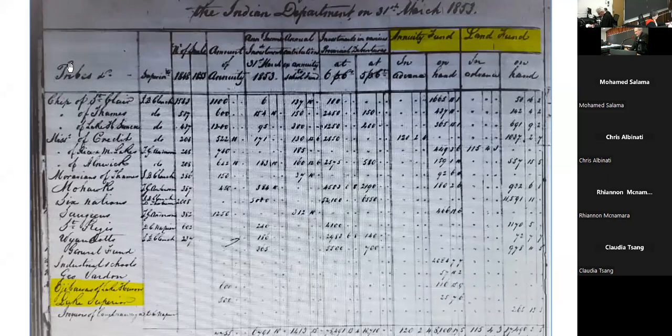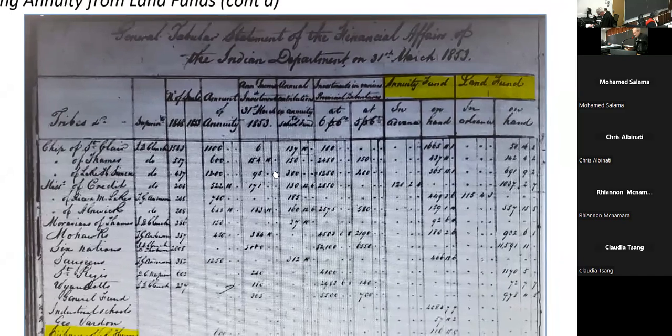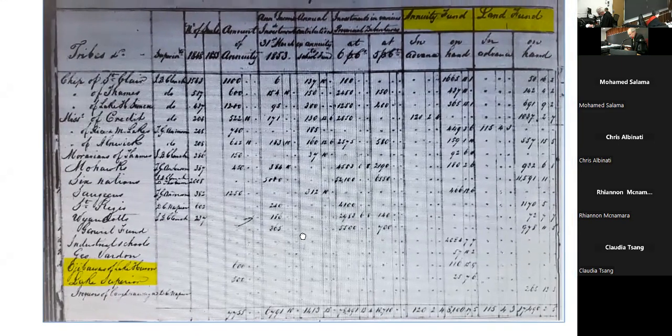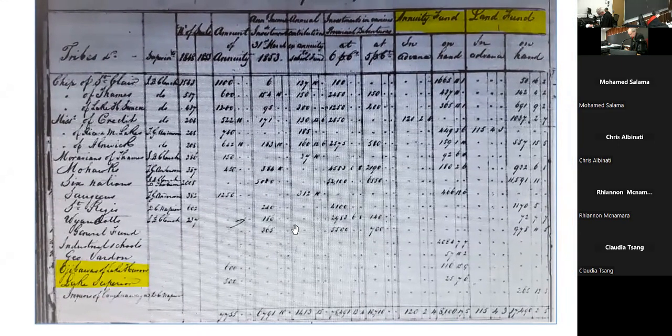At the bottom, added in the left-hand column, you'll see Ojibwas of the Huron and Lake Superior, two different lines. Those are the new Robinson annuities added to this existing list of First Nations. To the right of that are two entries: 600 pounds and 500 pounds.